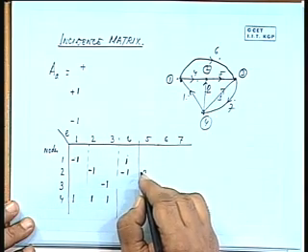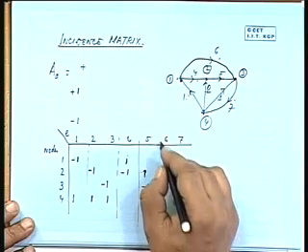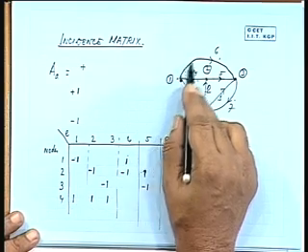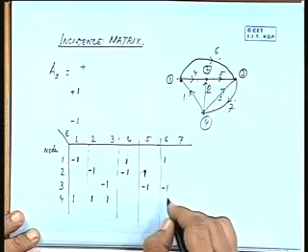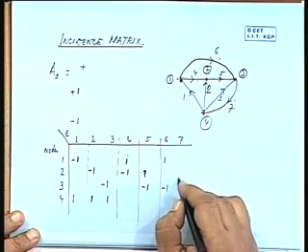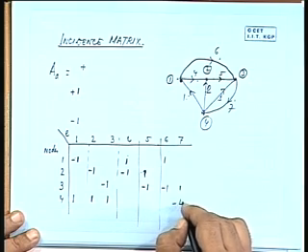Is that okay? And element number 6 is +1 at 1 and at 3 it is -1. Very good. And element number 7, it is +1 at 3 and -1 at 4.